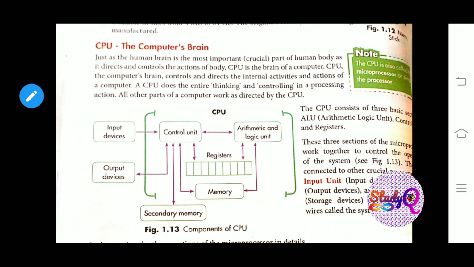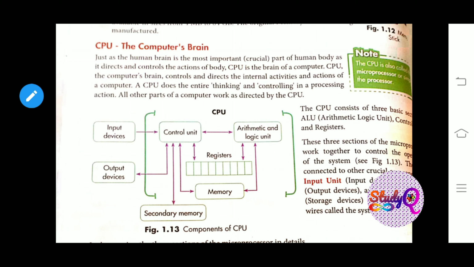Now you have to compare this to our microprocessor. Whatever data we input from the keyboard or mouse goes through different media to the CPU, the brain. So in human and computer there are some similarities.